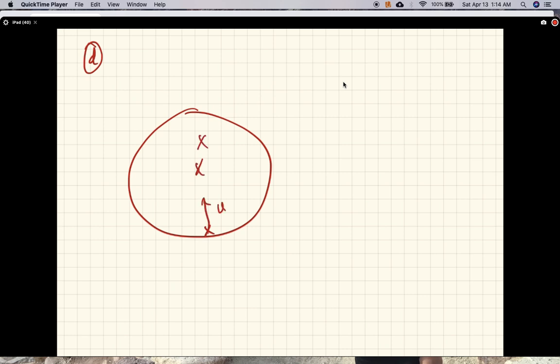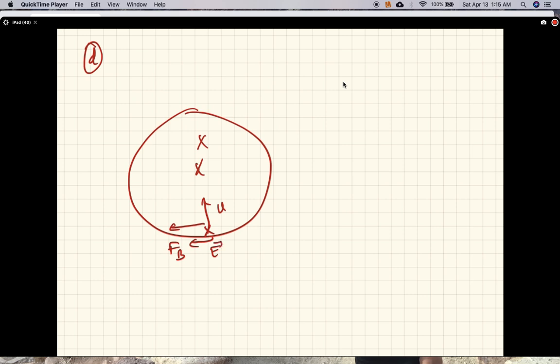The magnetic force, according to the right hand screw rule, as you turn from V to B into the sheet, will be in that direction. The electric field is like that, so the electric force will also be in that direction.